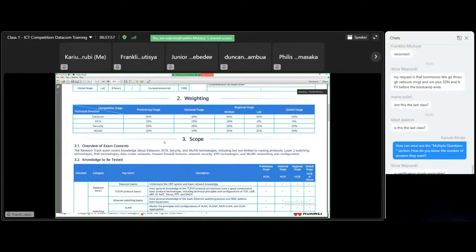Someone is asking, are the certification points applicable at this stage? There's another question. How can one tell in multiple answer question sections the number of answers they want? No, in multiple choice questions you may not really know exactly.